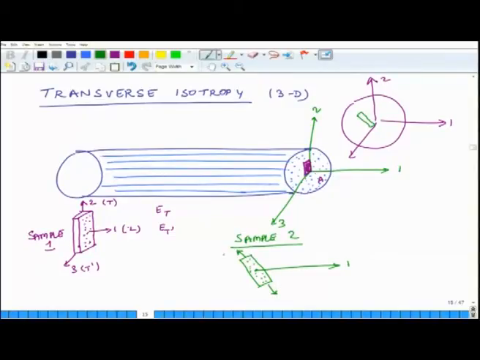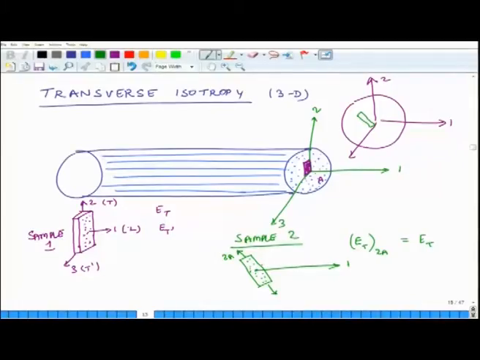Let us say this is direction 2a. Then Et in direction 2a will be the same as Et. It will be the same, because it is essentially the same material, and the orientation does not matter.